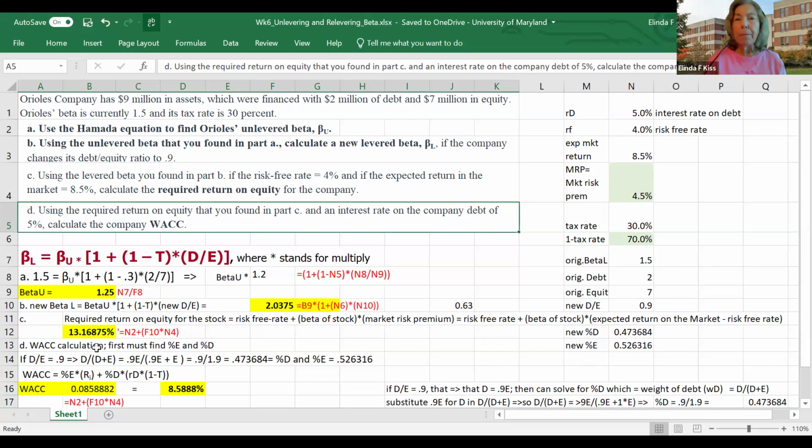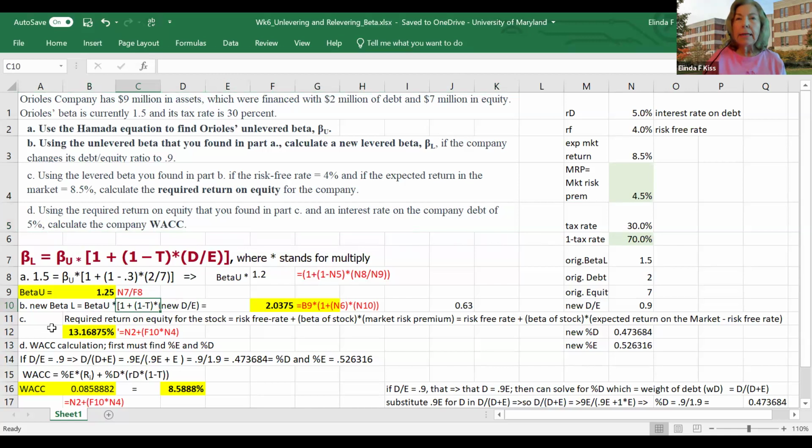So the MRP, market risk premium, is 4.5% and is calculated in cell N4. The return on equity with the new beta is calculated in cell B12 as 13.16875%. That is the answer to part C of the problem.